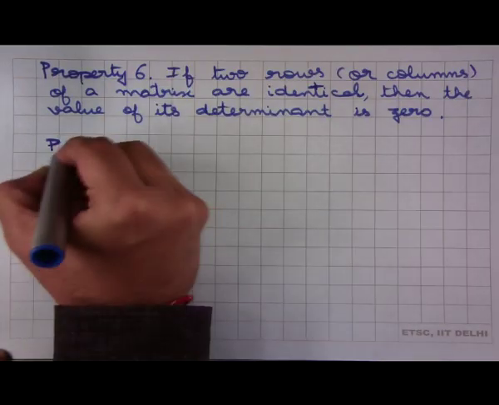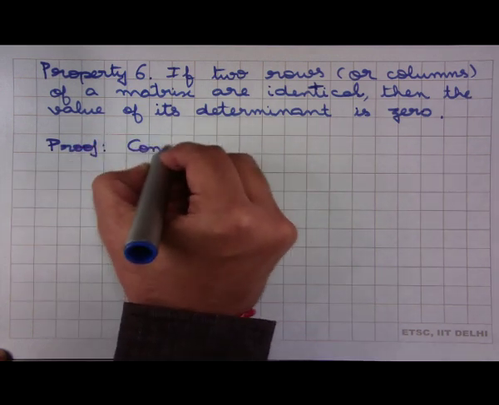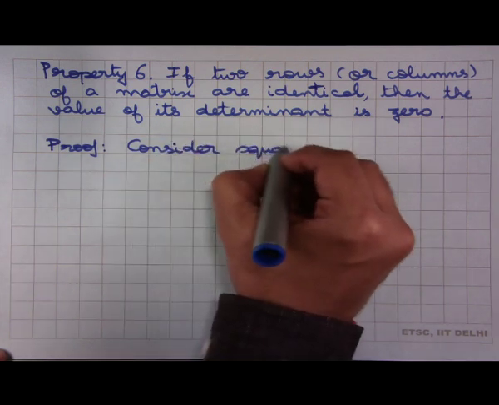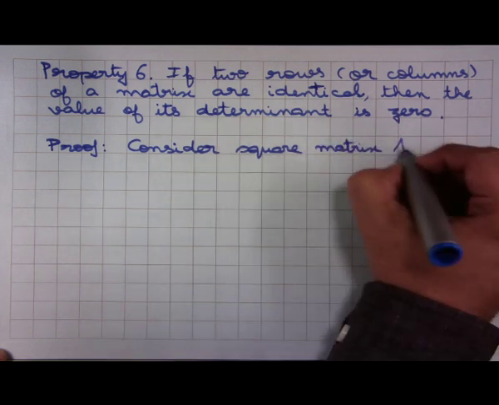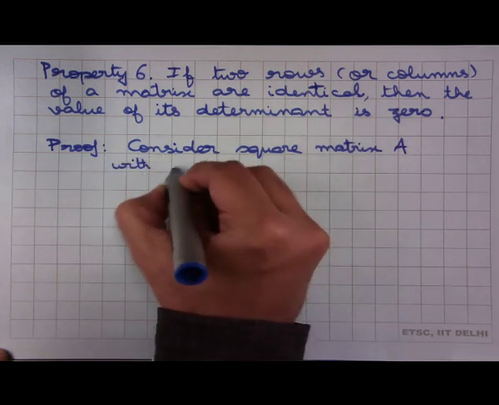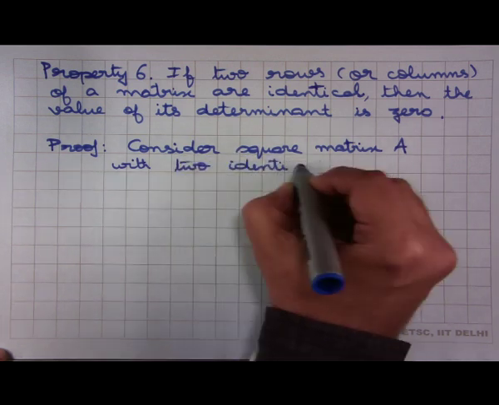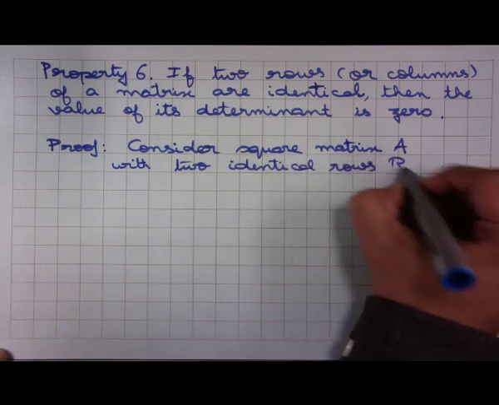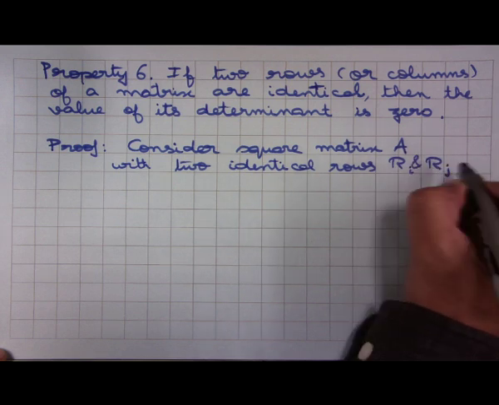So, the proof is: consider a square matrix A which has two identical rows. Let us call those rows R_i and R_j.